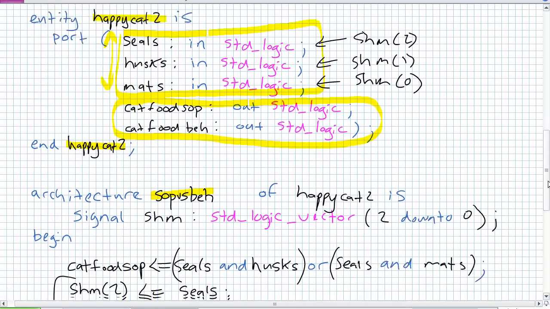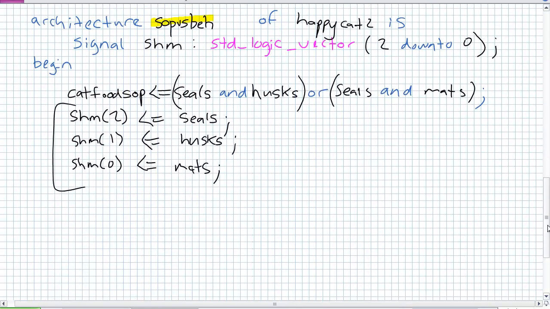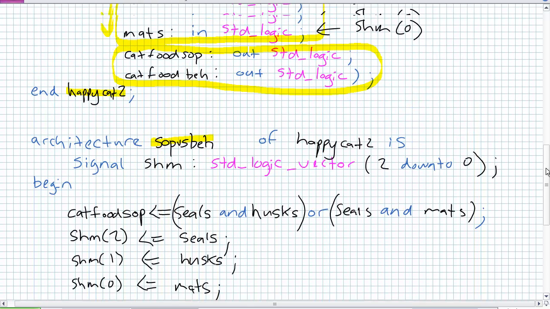Okay, let's go ahead and write the general format for these select assignments. The first thing is you want to say with what? With SHM. Notice I'm not telling it 2, 1, or 0. I'm saying the whole vector. Select. What am I going to select? I'm going to select from my truth table, but what I'm assigning to is my output. What's my output?